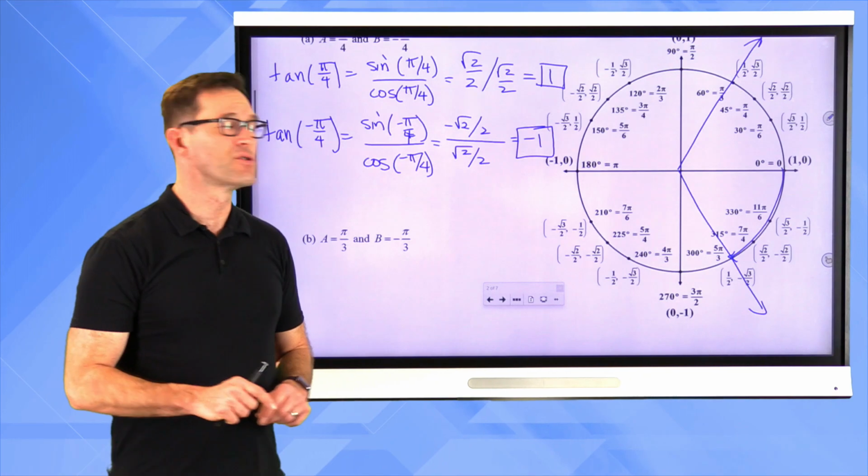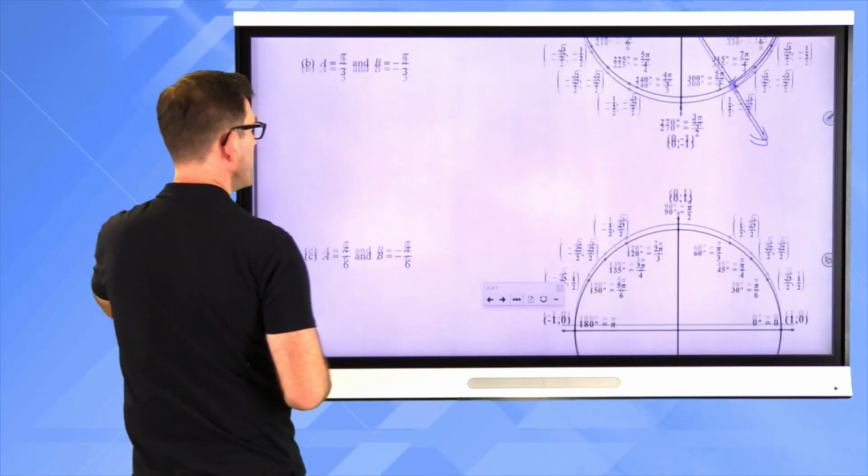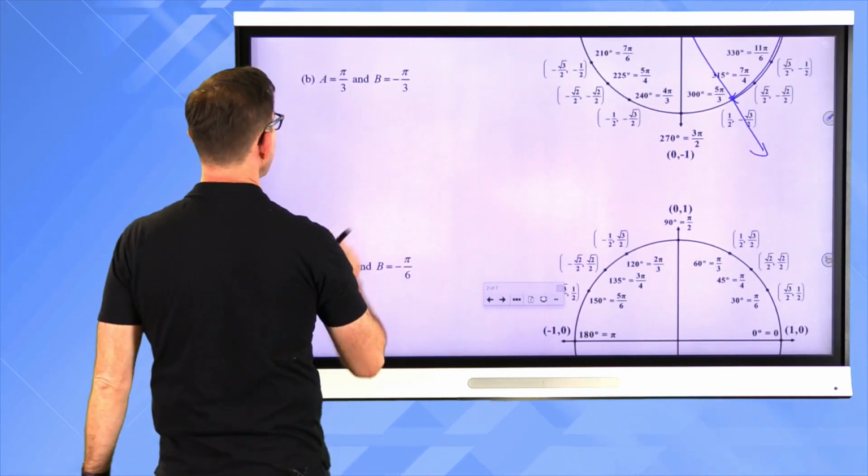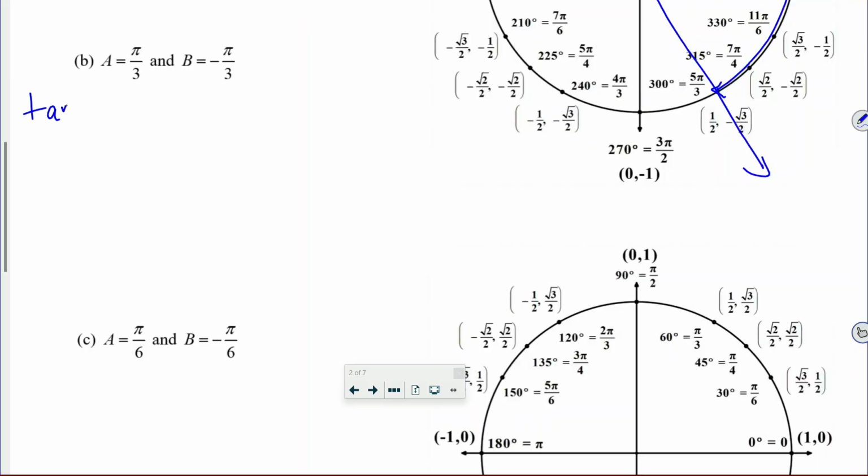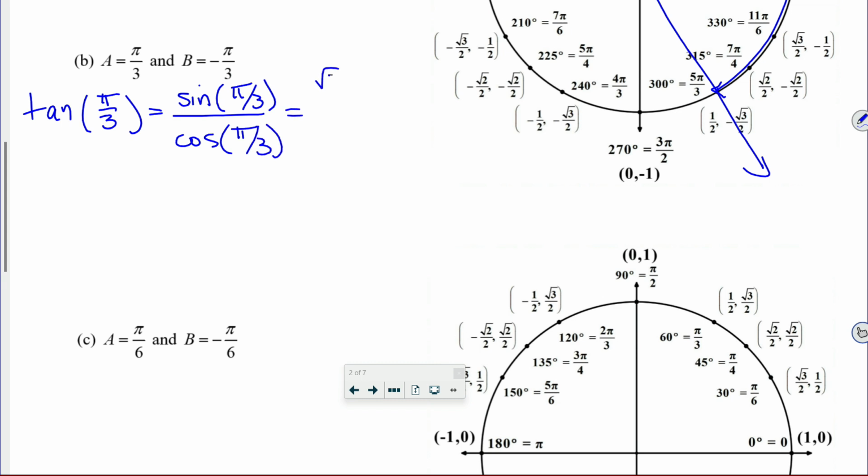All right, let's first take a look at pi over 3. So the tangent of pi over 3 is going to be the sine of pi over 3 divided by the cosine of pi over 3. That's going to be the square root of 3 over 2 divided by positive 1/2.